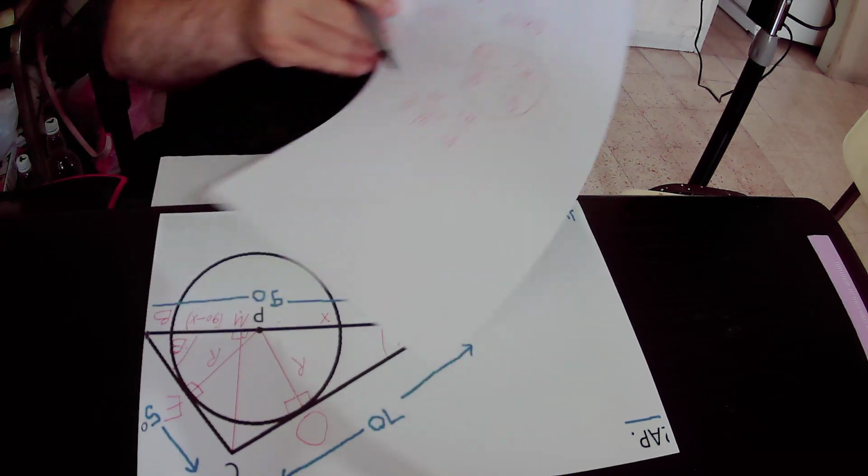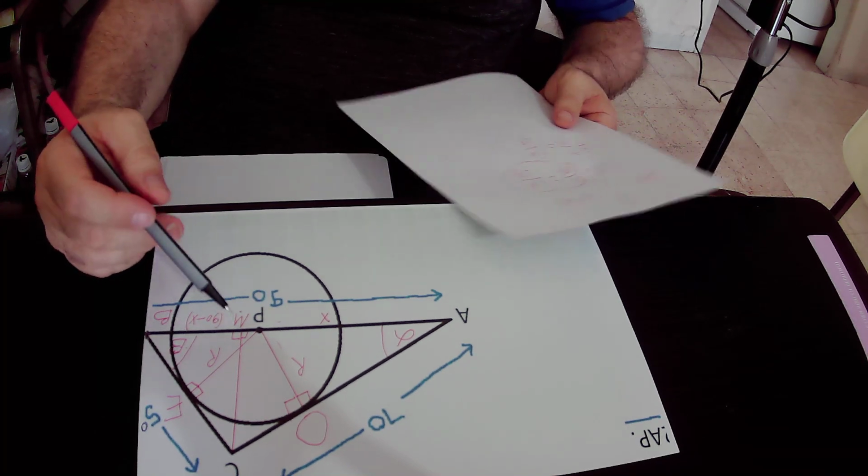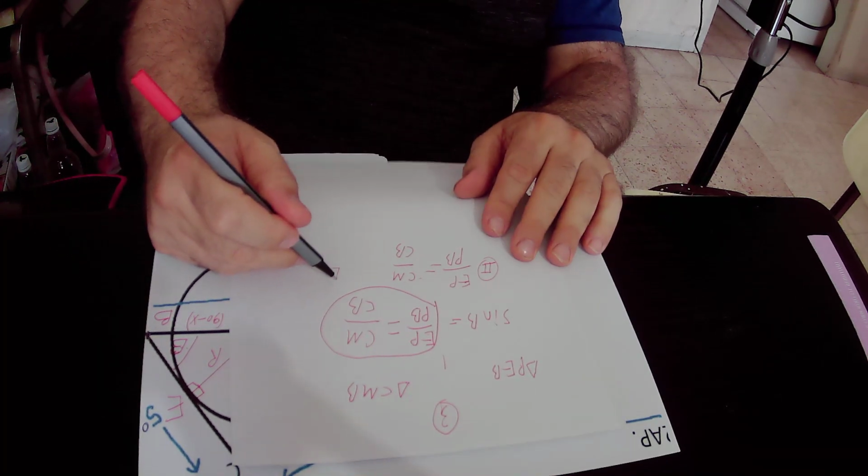But we know that EP equals R, the radius of the circle.